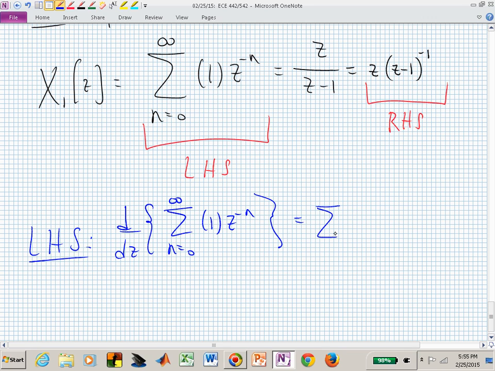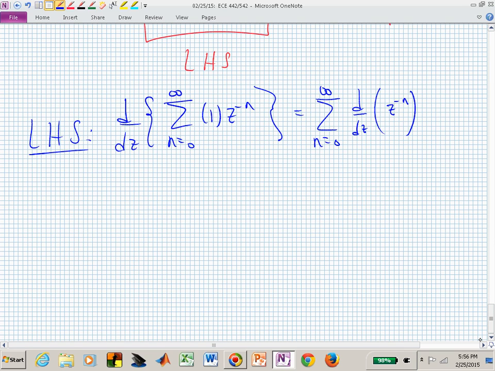I now have this sum from 0 to infinity of 1 times Z to the minus n, and I'm just going to absorb the 1. This now allows me to say I have minus n Z to the, what power? Just 1 less than what I started with, which is now minus n minus 1.